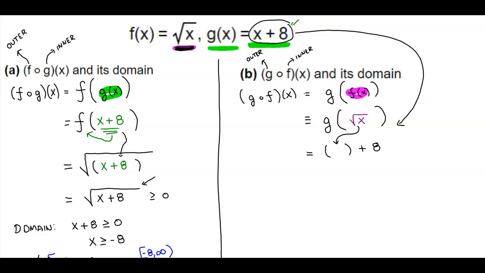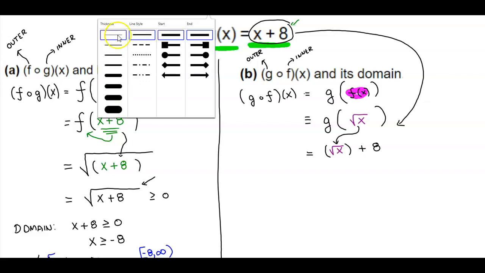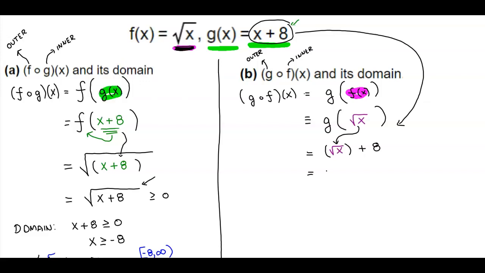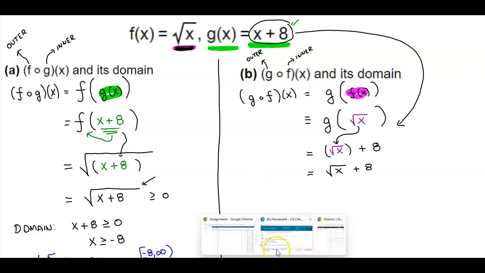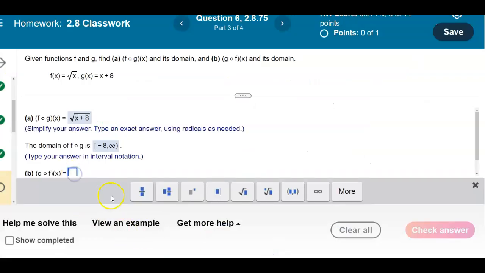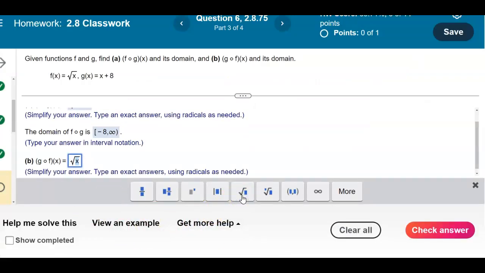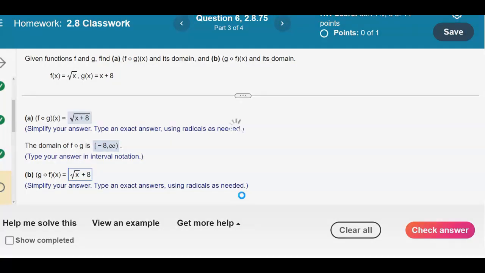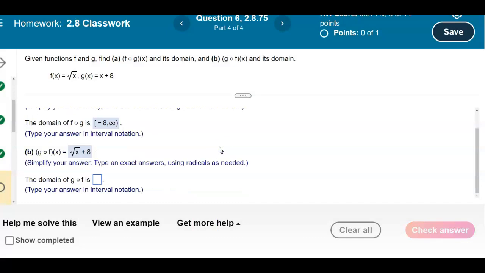And so therefore instead of writing x, we're going to write the square root of x. And so the result now becomes the square root of x plus 8. Let's put that in our result here. So we have the square root of x and then plus 8. And there is our answer.